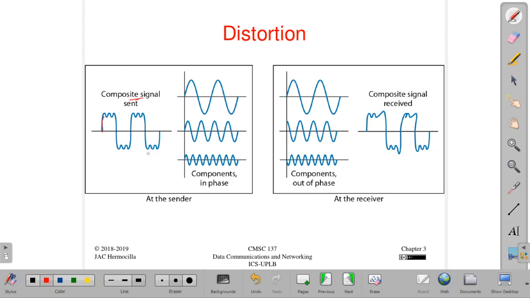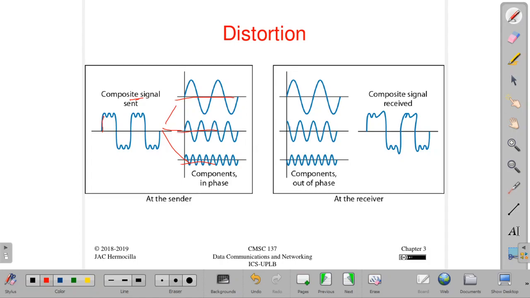When it travels through the channel or transmission medium, it will travel using the different component sine waves. Remember that using Fourier analysis, this composite signal is composed of different component sine waves.